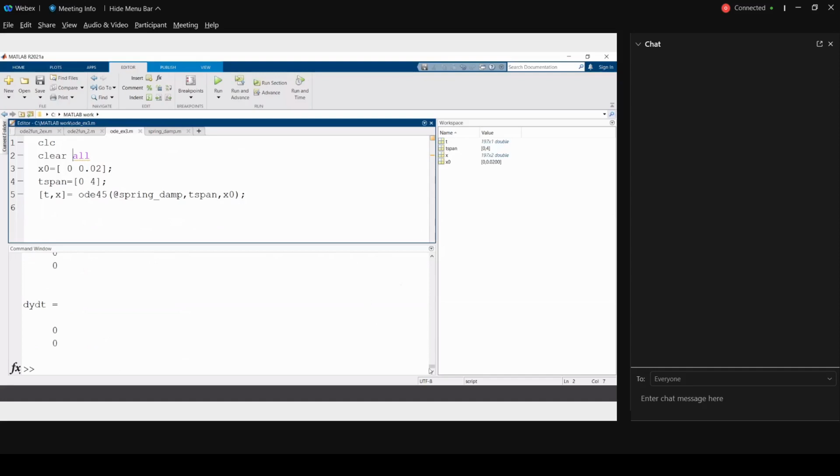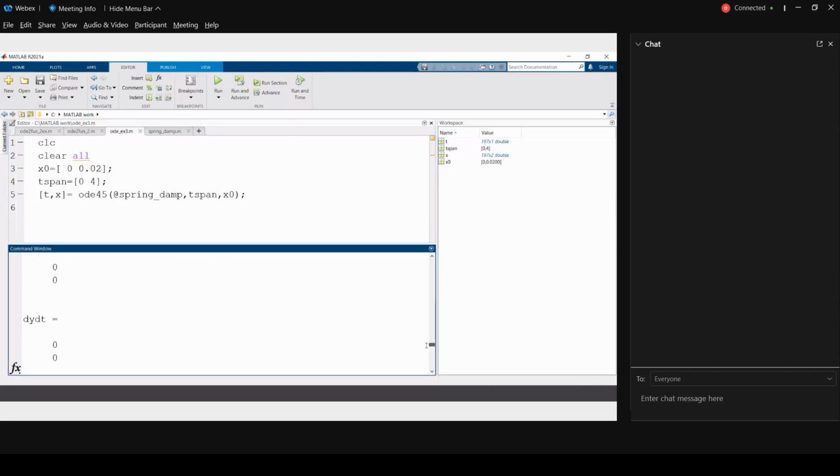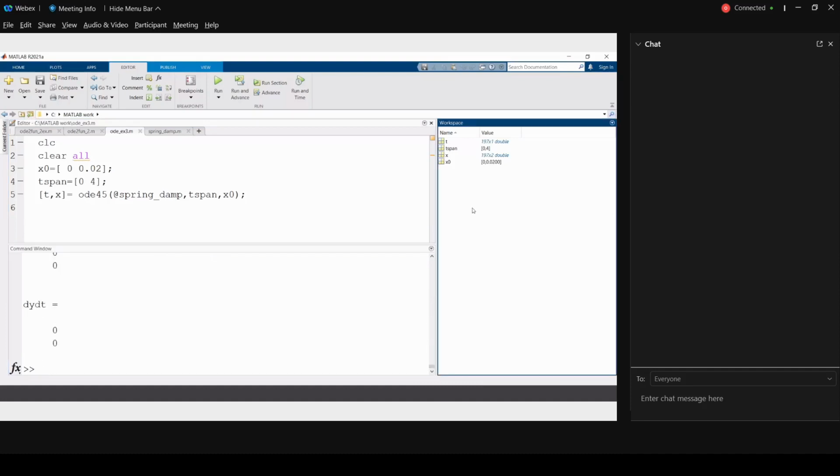Your t and x on the workspace. आ गया? आ गया. वर्कस्पेस में देखो. अरे उधर नहीं भाई. वर्कस्पेस. t आ गया और x आ गया. Yes sir. आप इसको प्लॉट करो. चलो.